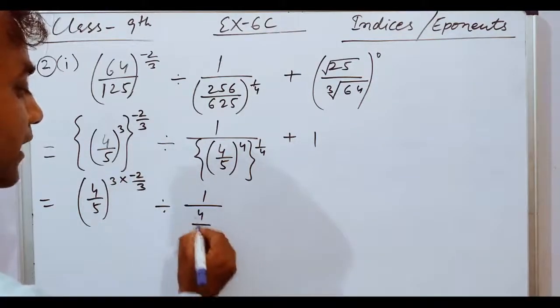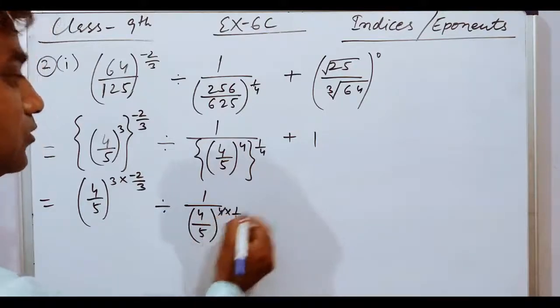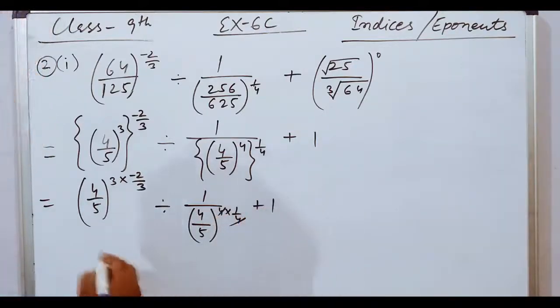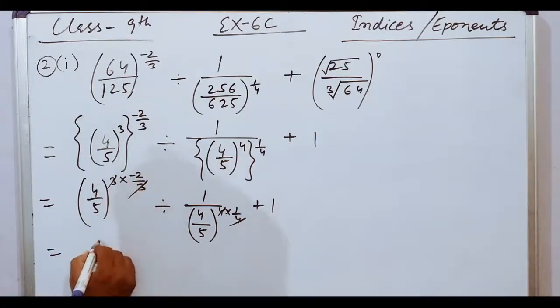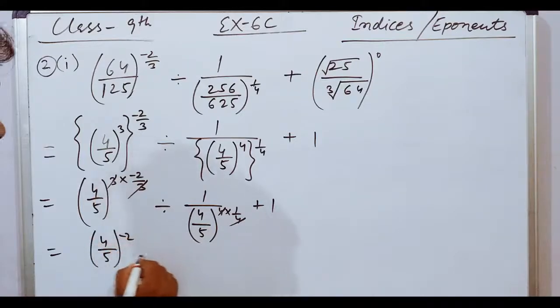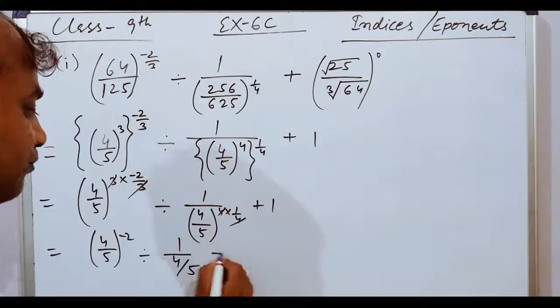Now, 4 upon 5 power 3 into minus 2 upon 3 is divided by 1 upon 4 upon 5, 4 into 1 upon 4, plus 1. Then 3 cancel. 4 upon 5 to the power minus 2 divided by 1 upon 4 upon 5 plus 1.